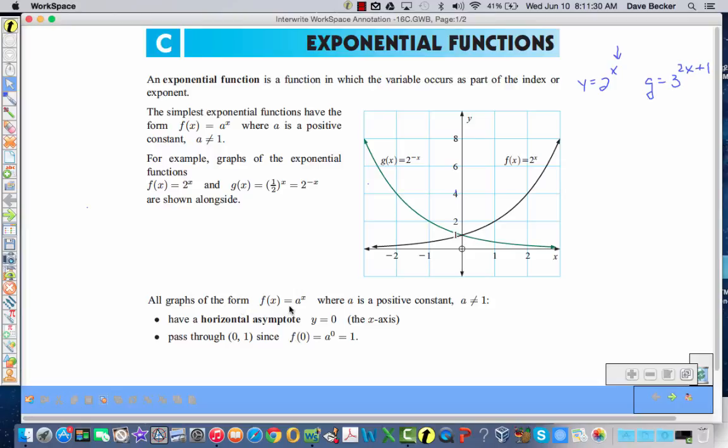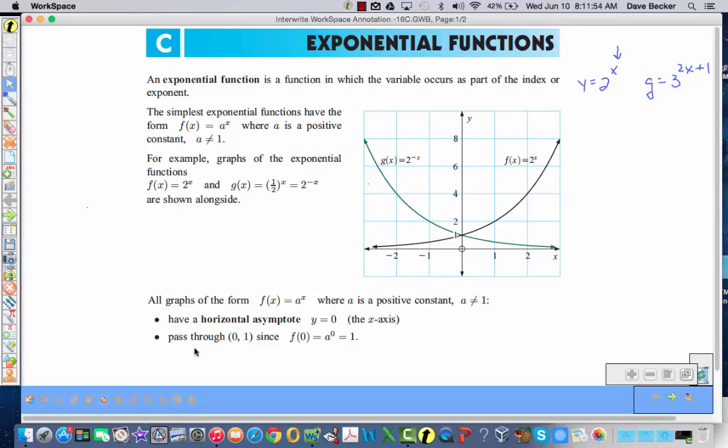Okay, so just a couple of basic things that we must know. For all graphs of the form f of x equals a to the x, where a is positive and not equal to 1, a horizontal asymptote is y equals 0, or the x-axis. It shall never cross or cut the x-axis, but it will approach it as it goes to negative infinity in this case.